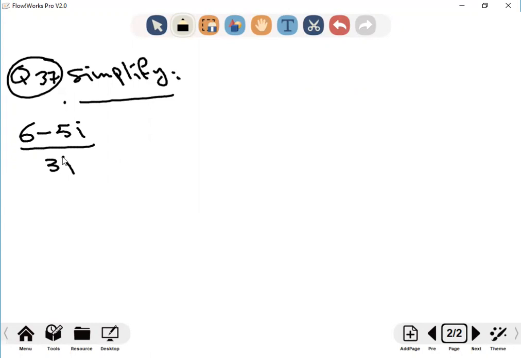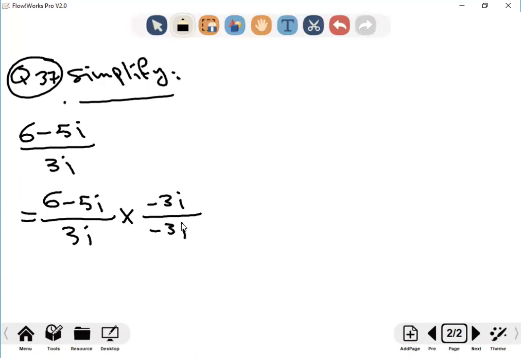Ignore the real part. The imaginary part is 3i, for example in 7 plus 3i. So here I will multiply up and down by what? Let's change the sign of it. Up and down, I'll multiply with negative 3i, right? As we did. Now I multiply normally. 6 multiplied by negative 3i is negative 18i, right?